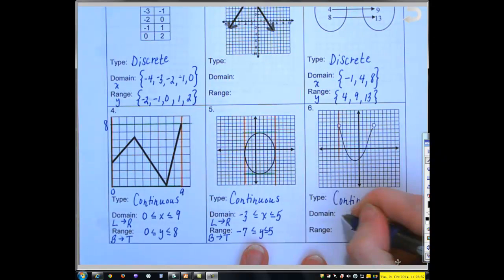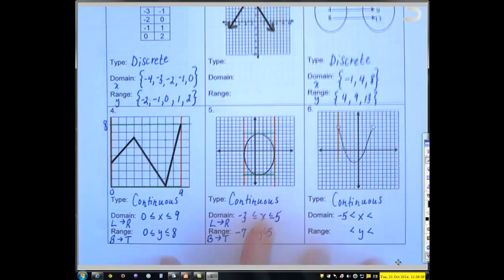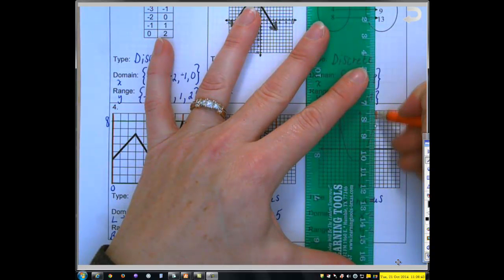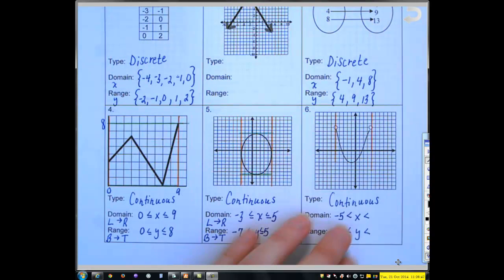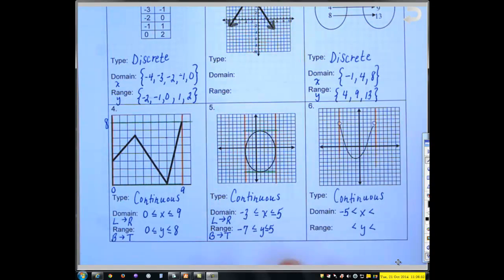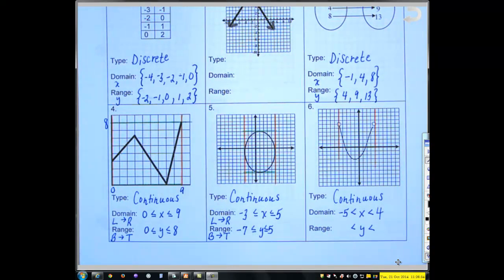So the left boundary of our domain is -5, and the right boundary of our domain is 4. So this function goes from -5 to +4 on the domain, but does not include the endpoints.